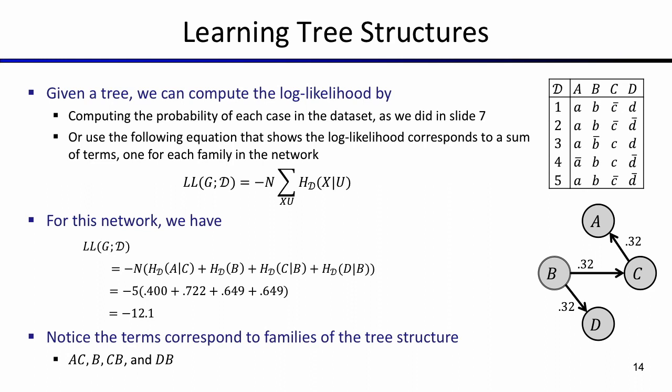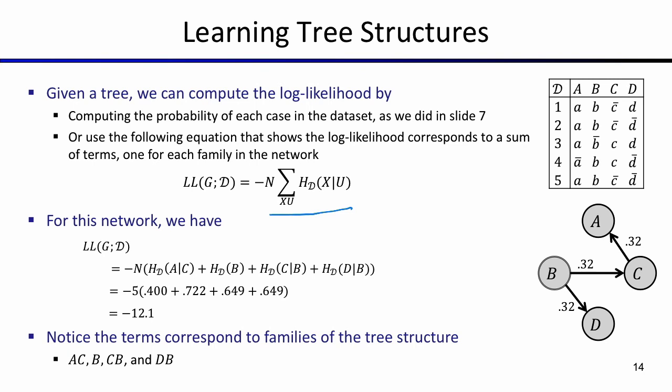Okay, and there is a nice shortcut to compute the log likelihood for a certain tree. We can use this property that we saw a few slides ago, that the log likelihood decomposes as the conditional entropy between pairs of variables, the variable x and its parent u.